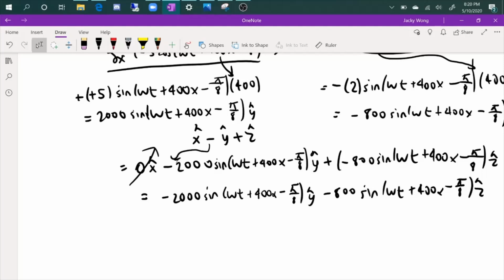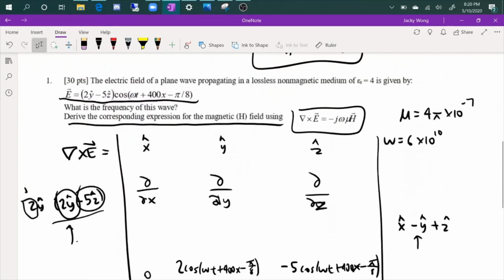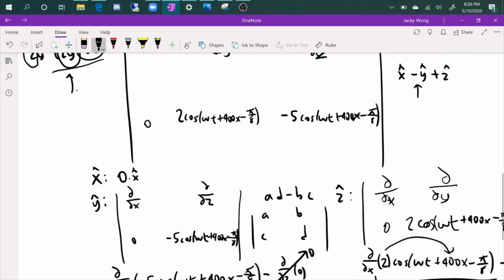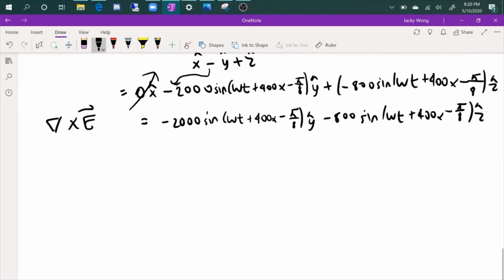Remember that all of this was equal to curl cross E. And as shown in the given problem, curl cross E is equal to negative j omega mu h. So negative j omega mu h vector is equal to this entire thing.